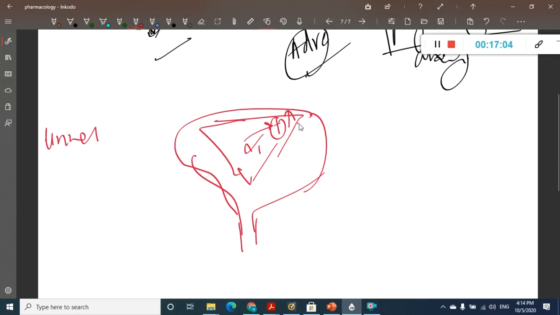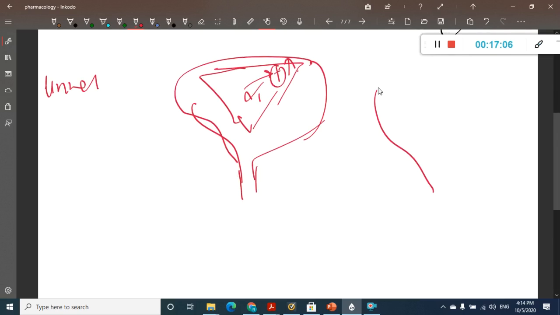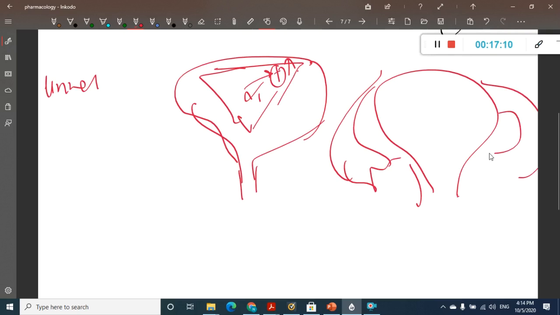Next, what about the action on the uterus? In the uterus, it depends on whether she is pregnant or non-pregnant. In a non-pregnant woman, alpha 1 action is more than beta 2, so there is contraction.